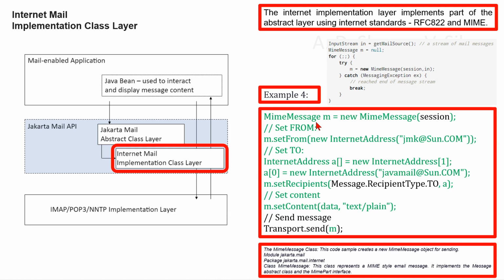The client sets appropriate attributes and headers, inserts content into the message object, and finally calls the send method for that MIME message object. This code sample creates a new MIME message object for sending.